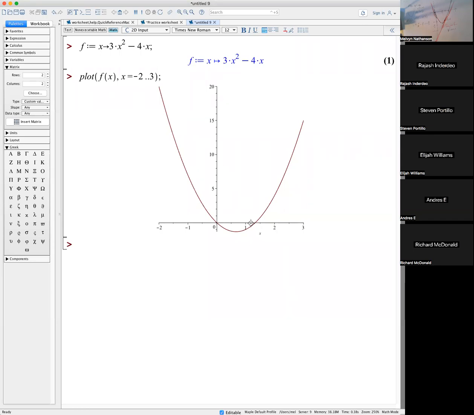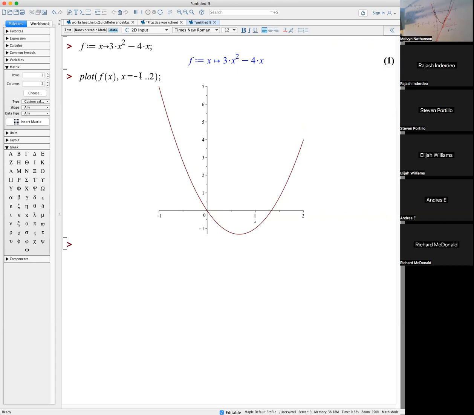All right. And I'm interested in the tangent line at 1. This should be the point 1, minus 1. Let me just do it differently. Maybe minus 1 to 2. Okay. So you can see when x is 1, the function is minus 1.